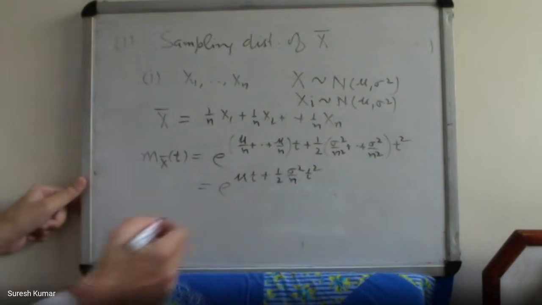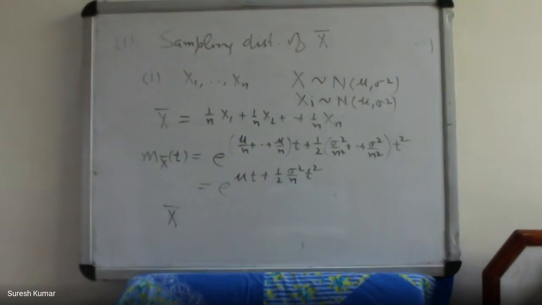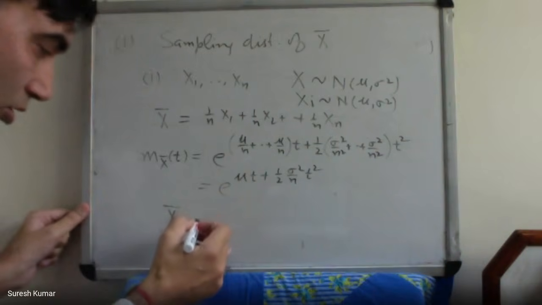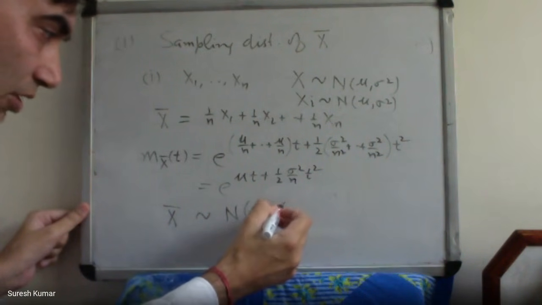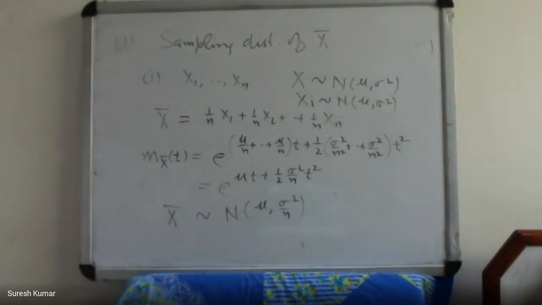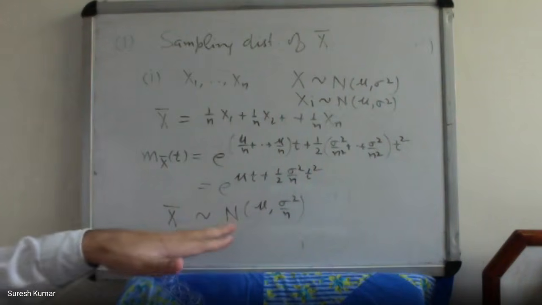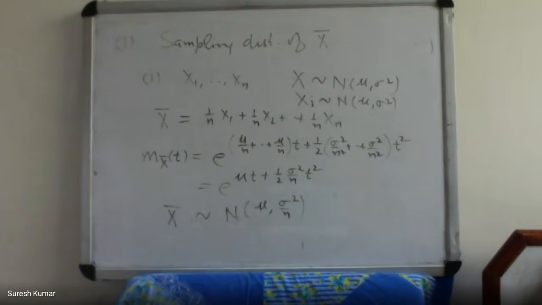What do you conclude from this? It is clearly the moment generating function of a normal random variable with mean mu and variance sigma square over n. So make a note of this result: the sample mean follows a normal distribution with mean mu and variance sigma square over n.